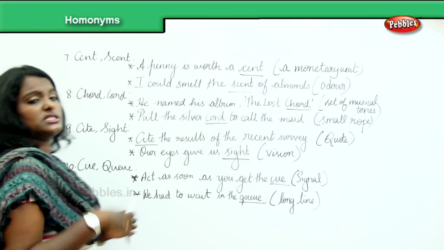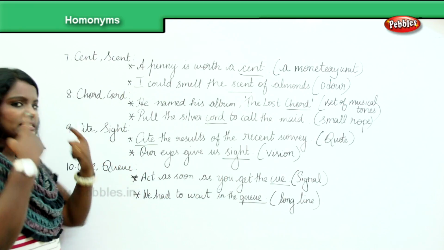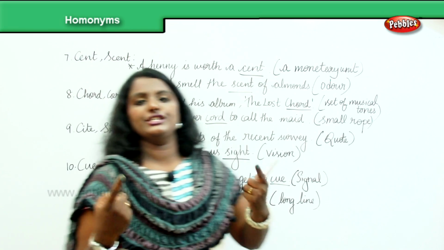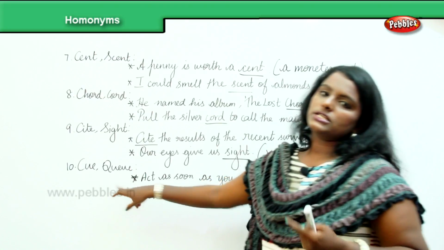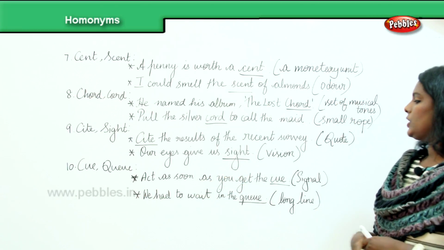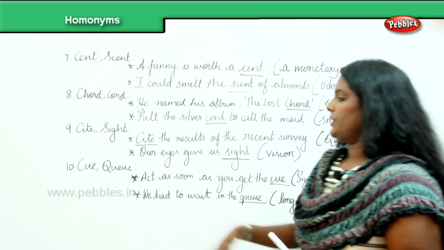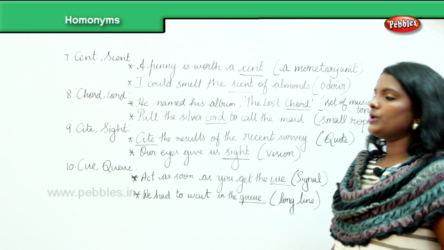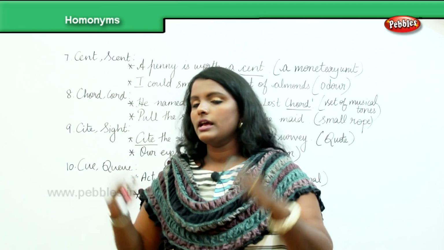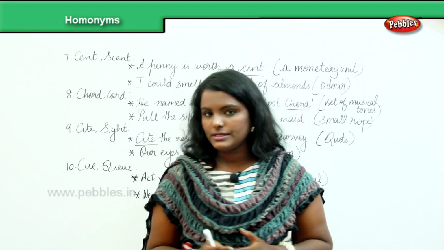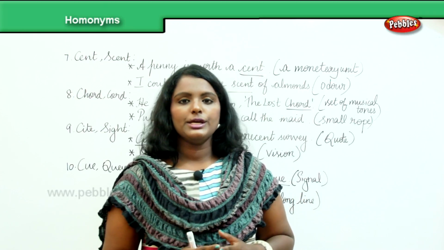CITE means quoting something, saying something, whereas SIGHT is the vision that we get through our eyes. CUE means giving a signal to begin something, whereas QUEUE means standing in a long line. So this is a gist of the homonyms, and as I told you earlier, you can master this only with practice.